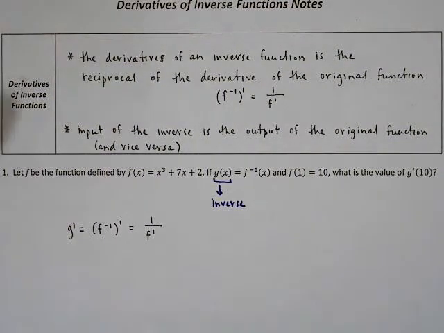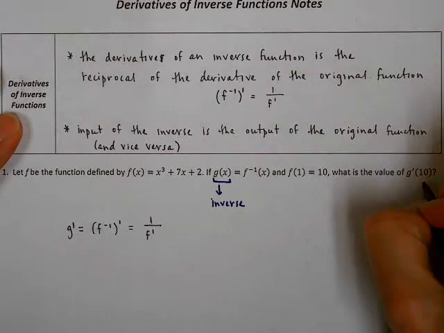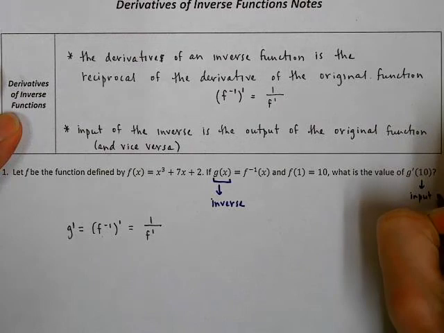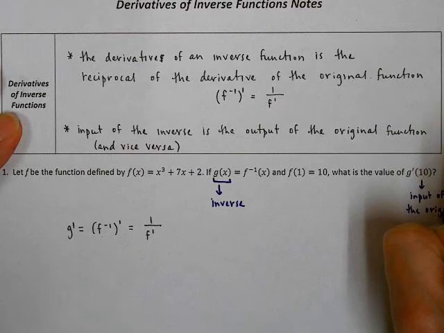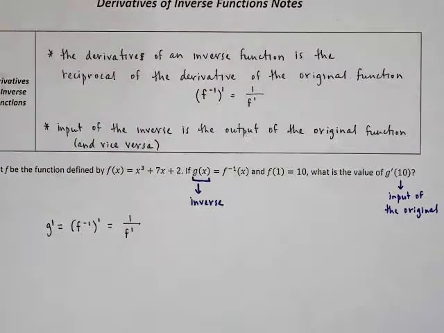Now, I also have to look at this. They're asking me to find g prime of 10. So I know that this value 10 is the input of the inverse.